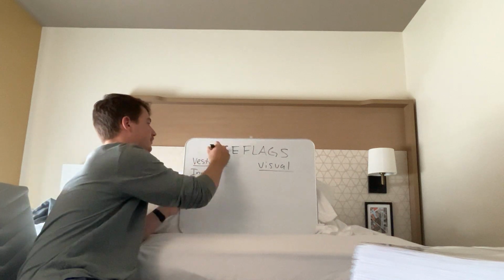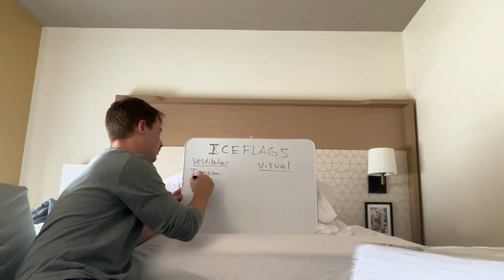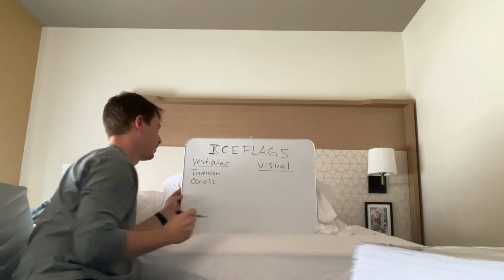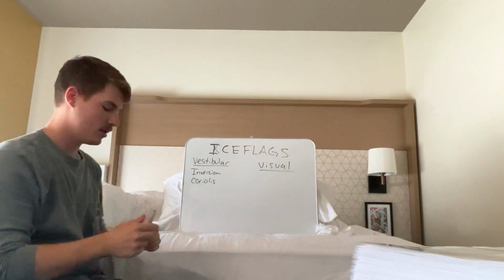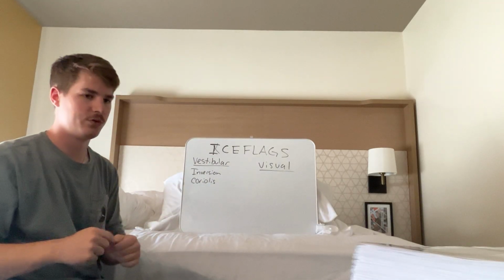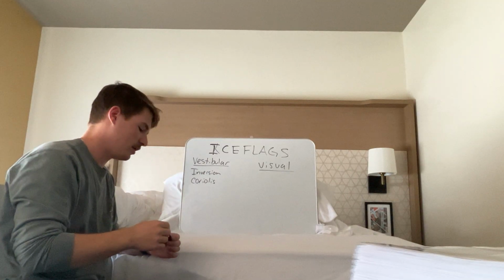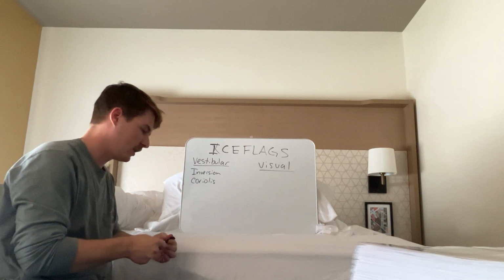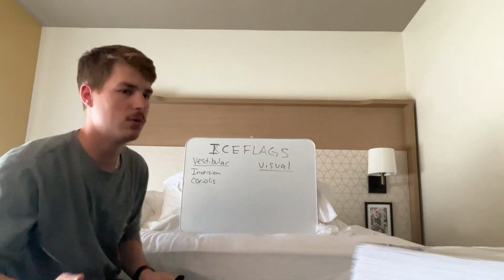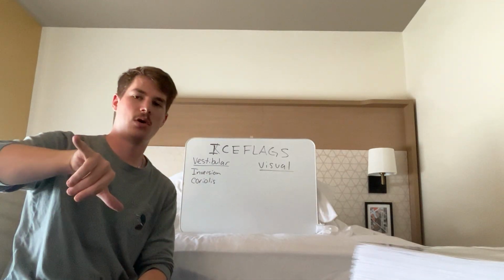Okay, now we have Coriolis illusion. The Coriolis illusion is similar to the leans, but is when you are in a turn for a while.